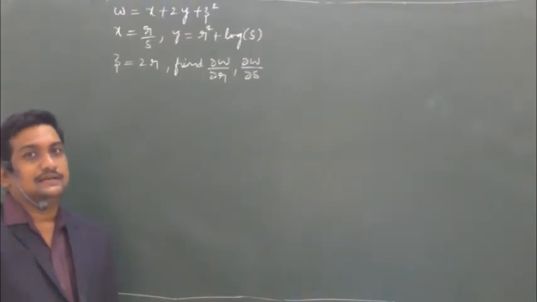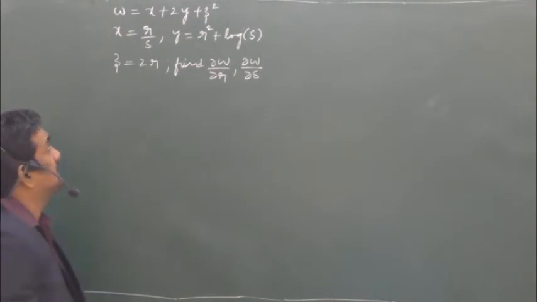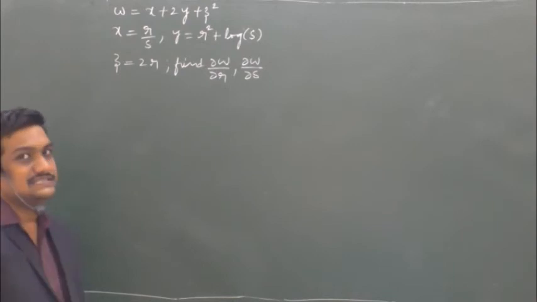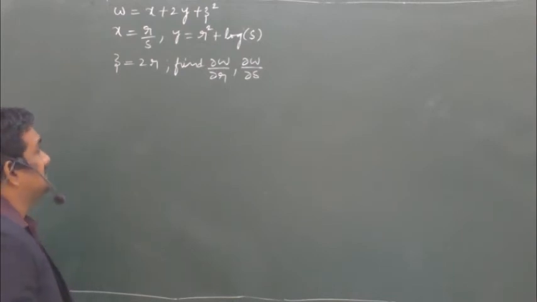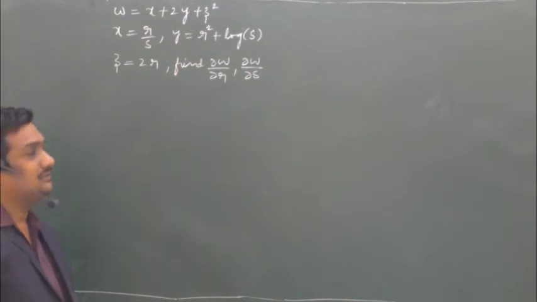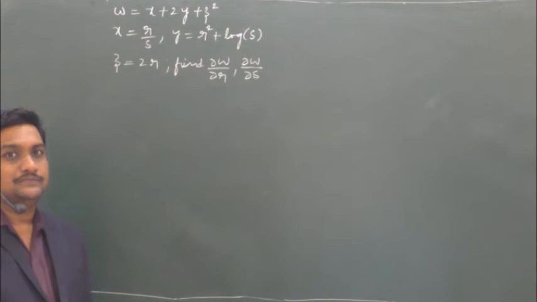Let us see a problem in the chain rule. w is x plus 2y plus z square, and x is r by s, y is equal to r square plus log of s, and z equals 2r. We need to find dou w by dou r and dou w by dou s, also partial derivatives.